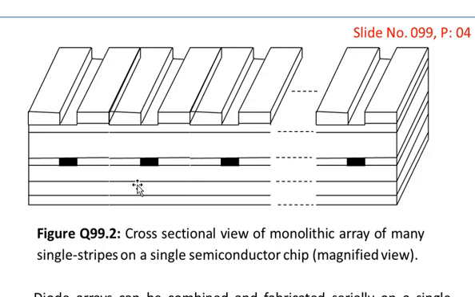This is the magnified view, and you can see that I have shown only one such single strip, which has been shown in figure number 1. Now you see that a large number of such single strip semiconductor chips have been combined to form a larger strip, which we say contains an array of many single strip diodes.